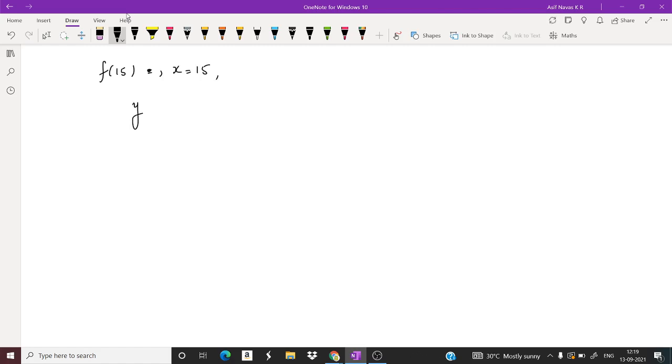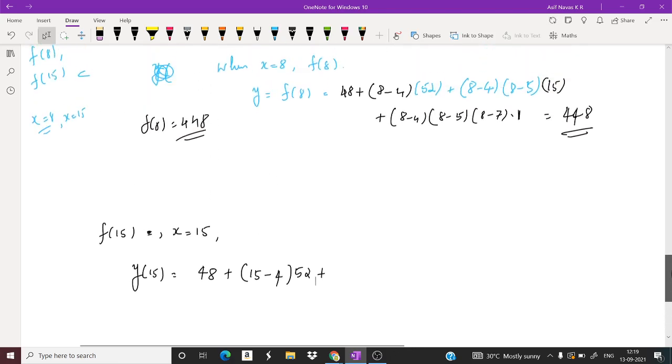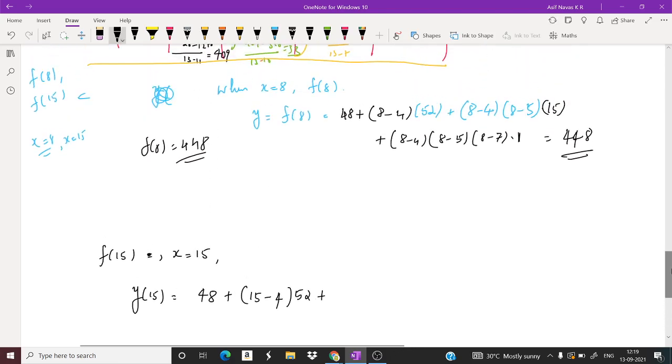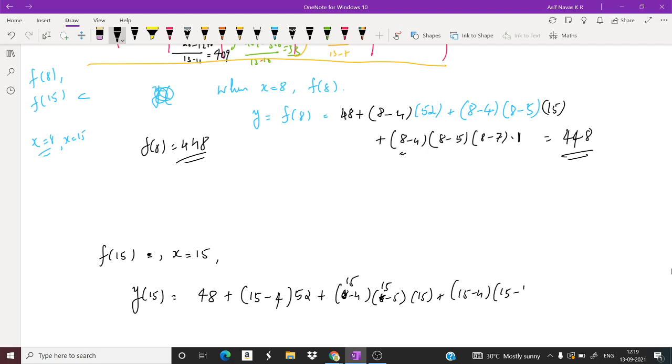So f of 15 is equal to, by the similar procedure, first 48 plus 15 minus 4 into 52 plus, I will replace by 15: 15 minus 4 into 15 minus 5 into 15, plus 15 minus 4 into 15 minus 5 into 15 minus 7 into 1.